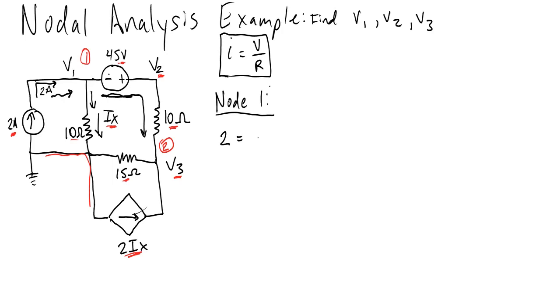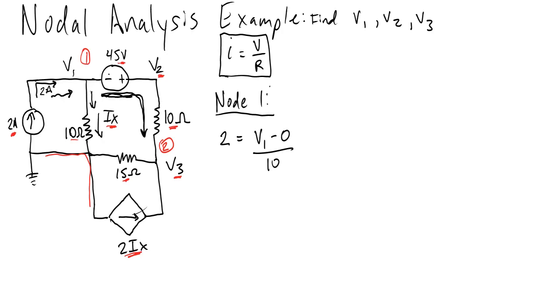let's find this current IX, which is going to be V1 minus 0 over 10. And then let's get this current going through this 45 volt voltage source, which might seem a little tricky, but if we think about what we've learned before, a current through a single branch is the same through all the elements in that branch, right? And so this would be our branch.